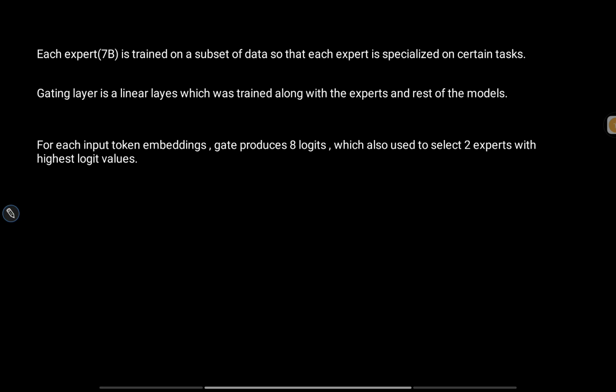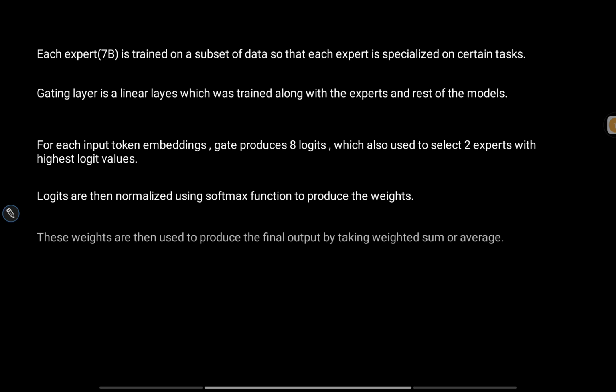Then the input passes through those 2 experts, and we use a softmax to normalize those 2 logit values only to get the weights. Then we do a weighted sum or average and produce the outputs.